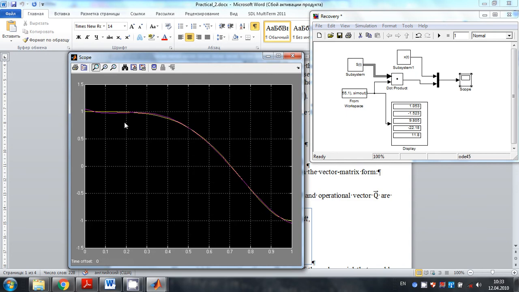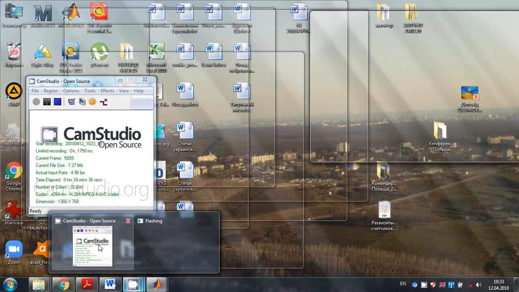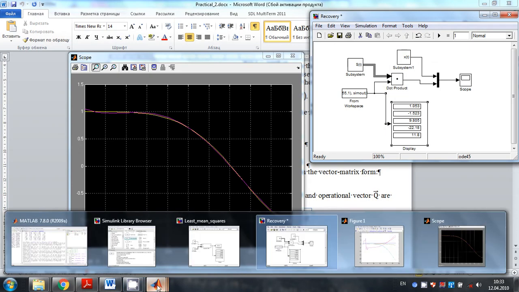So this is it for this video, and at the next class and next video we'll talk a little bit about why we need these representations. Why do we need to represent or expand the signal by other signals or other functions? Why do we need this? So until next time, take care guys, and bye.